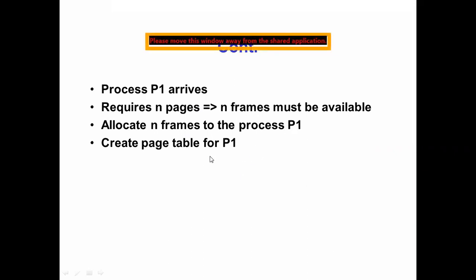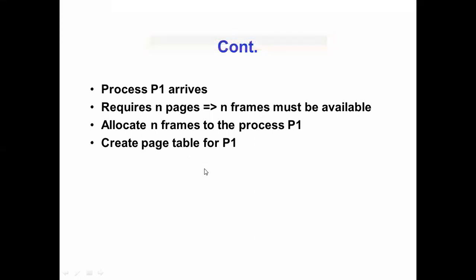As this process runs, it will create a page table for P1. This is the first program. After it creates the page table, it has connectivity with the RAM, because after creating the number of pages in the page table, the process will go toward the RAM, random access memory.